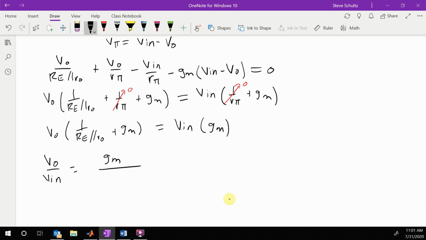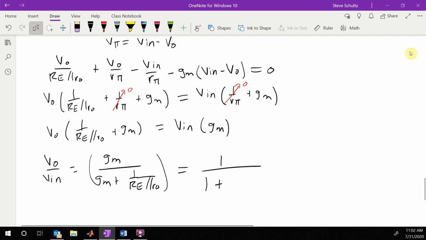Okay, looks like that. And then we want V out over V in, which is going to be equal to GM over GM plus 1 over RE in parallel with RO, which is equal to, I can divide the top and bottom by my GM, 1 plus... So to put this in the form that's in our table, we want our RE and get rid of all those.